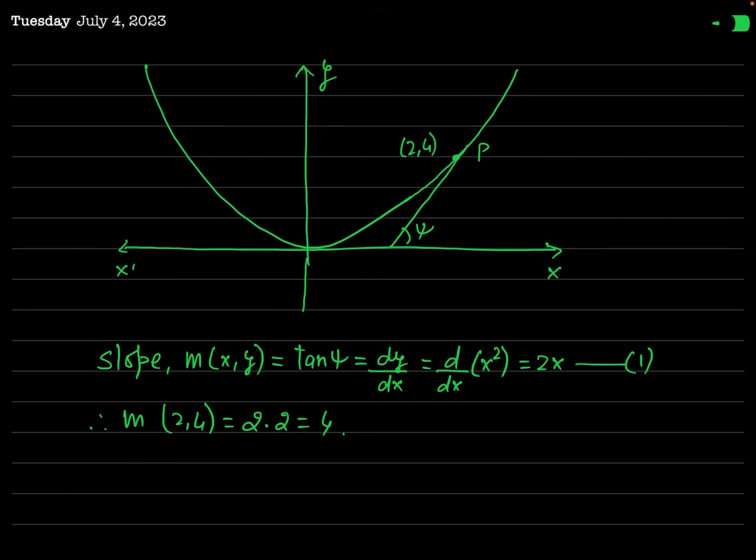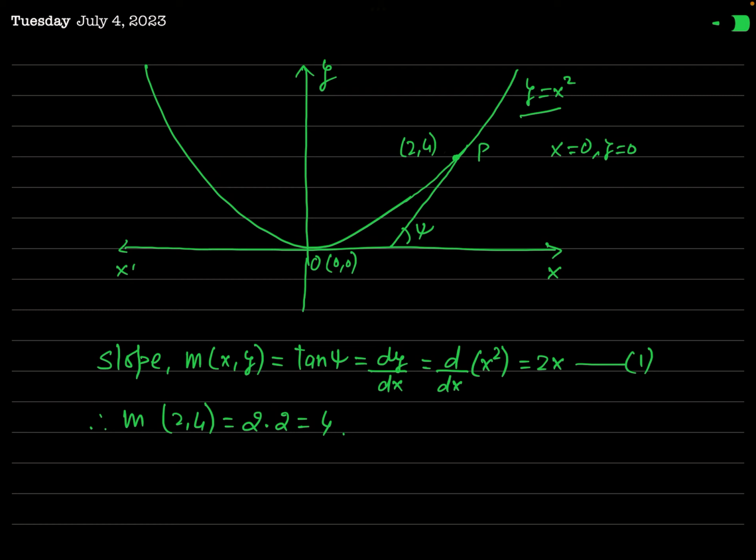Okay. So for your convenience, I have drawn this curve here. This is actually the curve y equal to x square. You can see this curve is symmetric about the y-axis, and it passes through the origin, that is the point (0, 0), because when you take x equal to 0 in this equation, then y is also equal to 0.